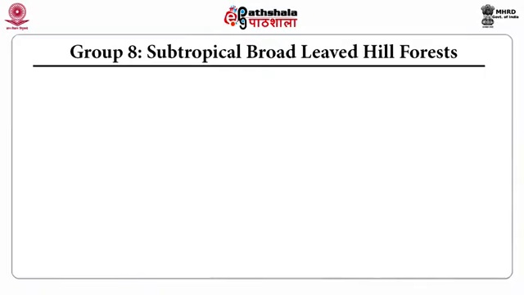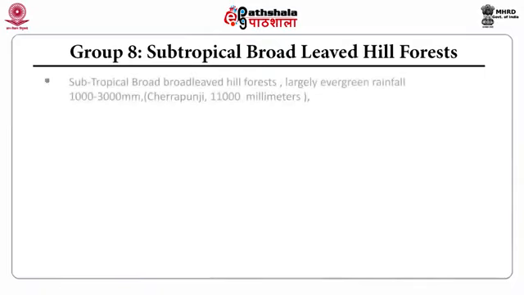Group 8 is represented by the subtropical broad-leaved hill forests, which are largely evergreen, occur in moderately high rainfall areas of 1000 to 3000 millimeter, but in Cherrapunji, which is in Meghalaya, northeast India, rainfall is very high, 11,000 millimeter per year.